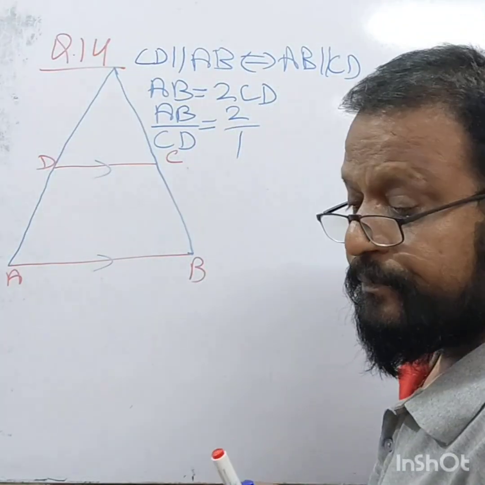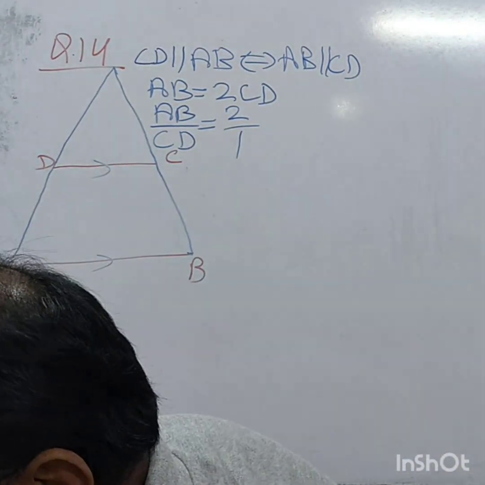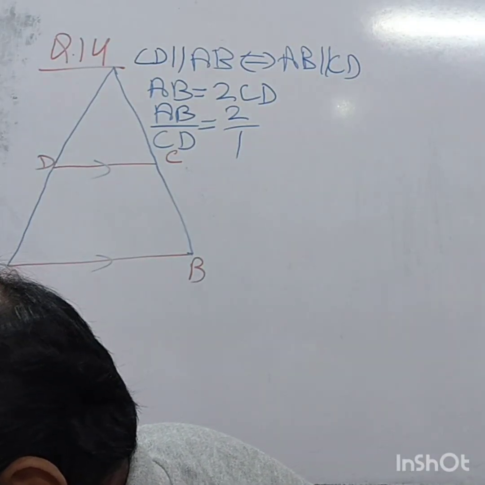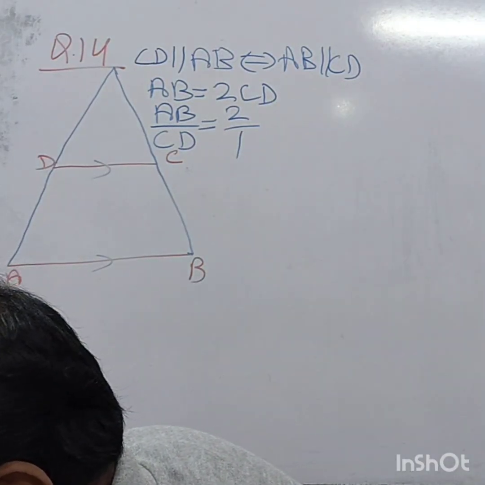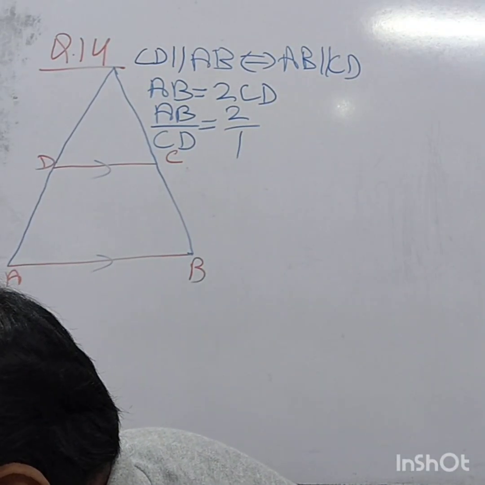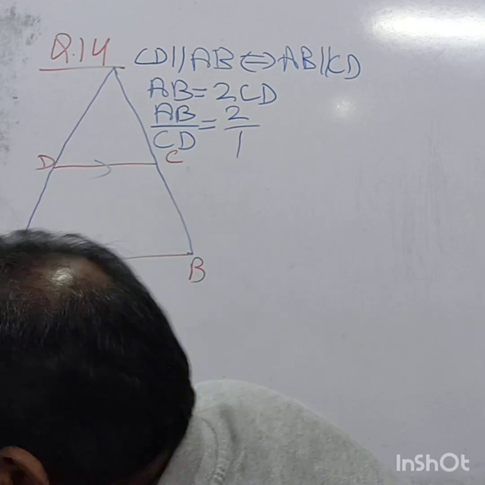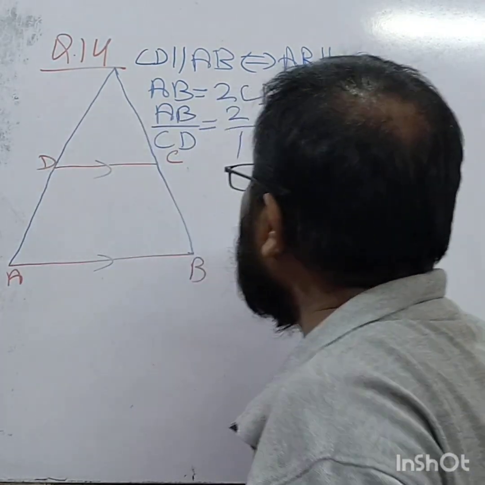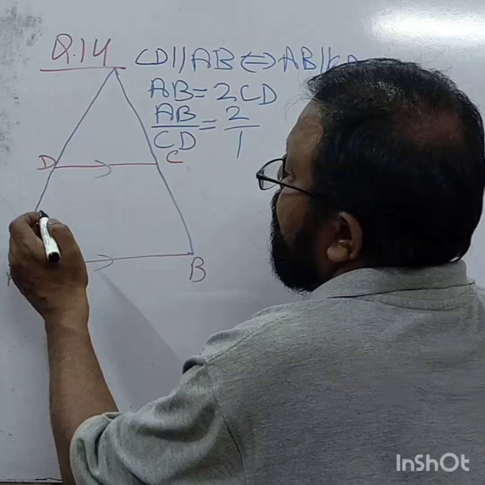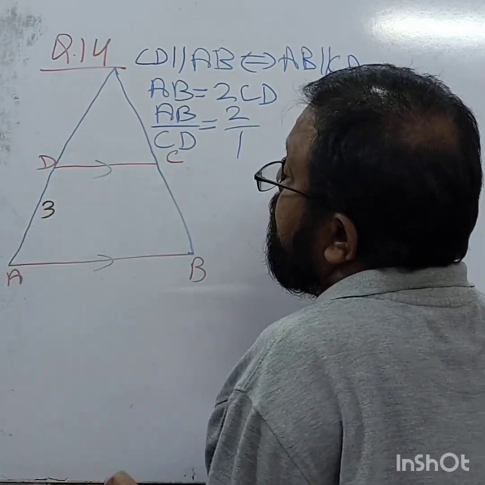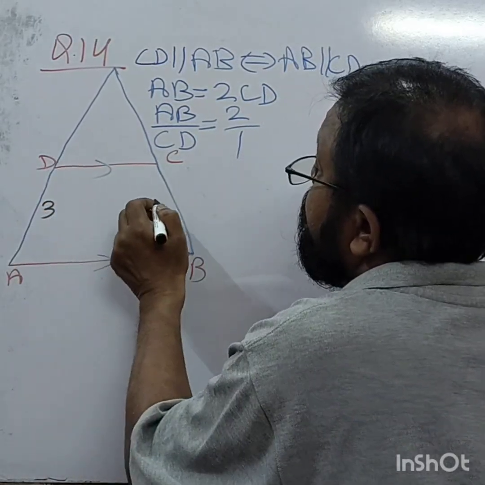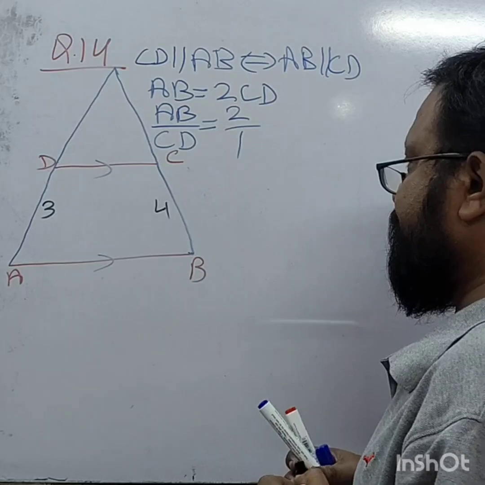right? What do you have to find? AD is 3. BC is 4. What is AD? AD is 3. Very nice. BC is 4. Good.